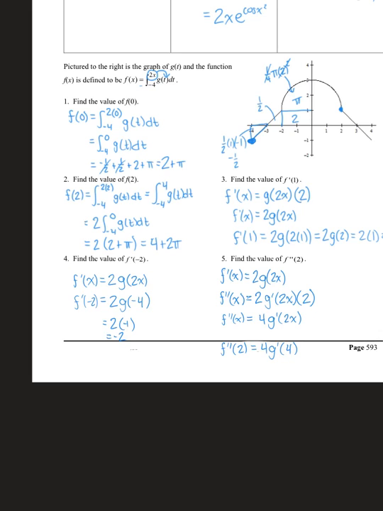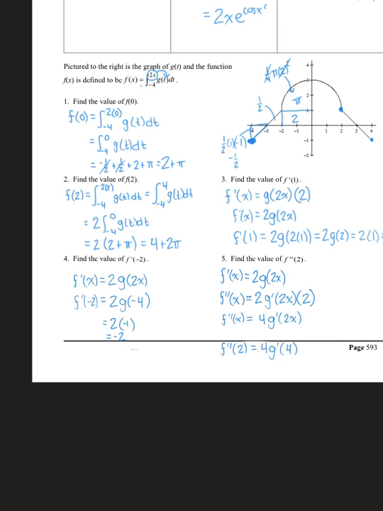Now we're given the graph of g of t. If we want the prime, we're looking at the slope. So the slope at 4, right here. We actually cannot take the derivative at that point, because it's an endpoint.